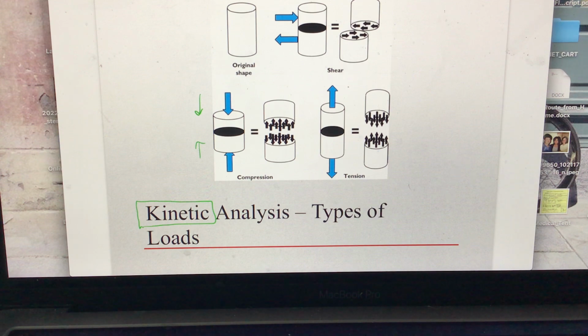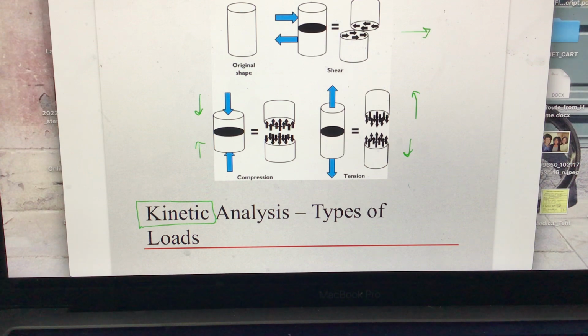Tension is the opposite of that. Tension is when there's load pushing things apart. Think about that gymnast rotating with, a gymnast is going to be holding on to the bar with their hand and their shoulder. But as they spin around that uneven bar, it's a tension force on the body.